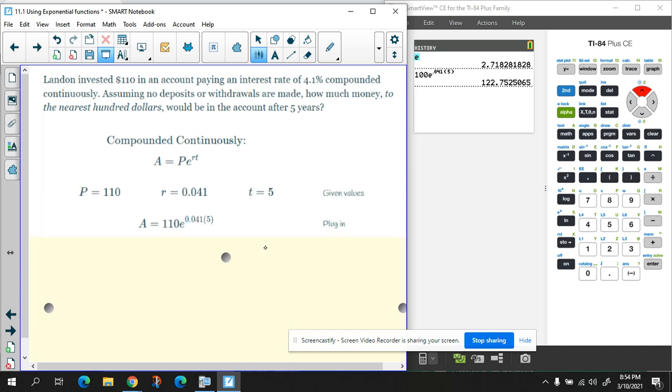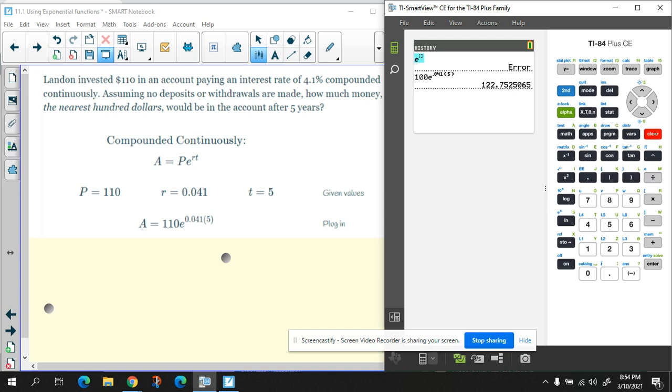plug in, and let's do one more time on the calculator for that. And clear. So we have 110. To find this E on the calculator, you can do second and then this button right here.